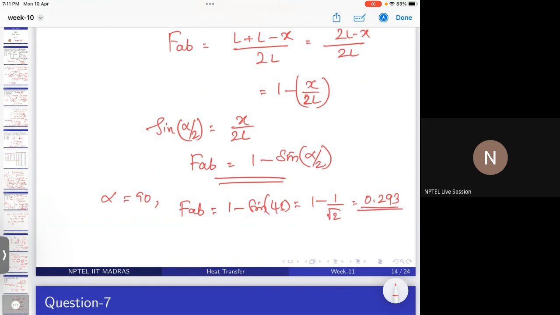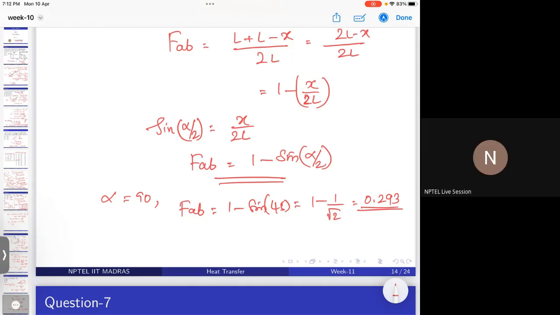What is FAB if alpha is equal to 180 degrees? Then alpha by 2 is 90, and sine 90 is 1. So FAB will be 0.